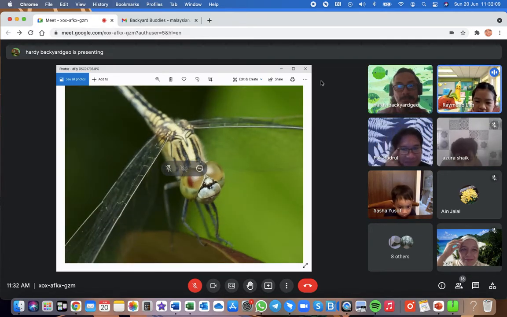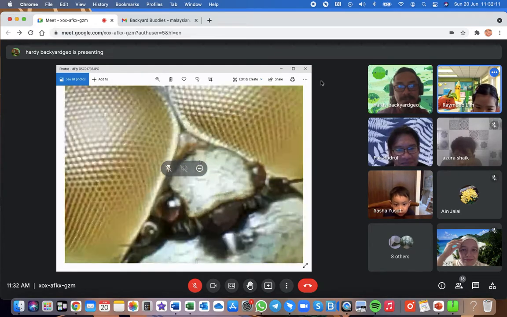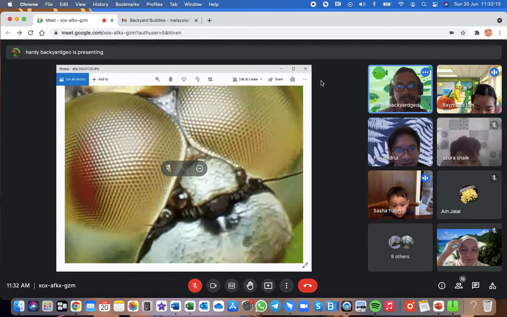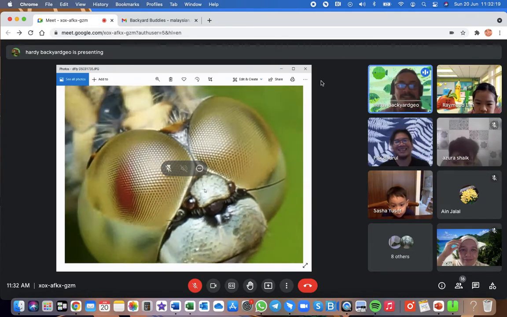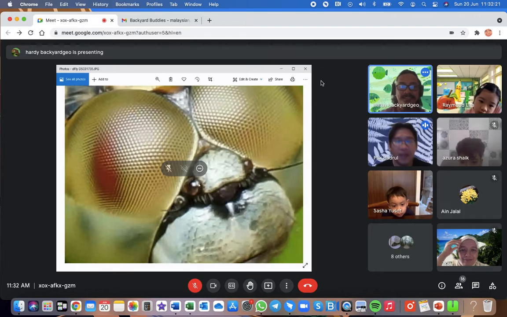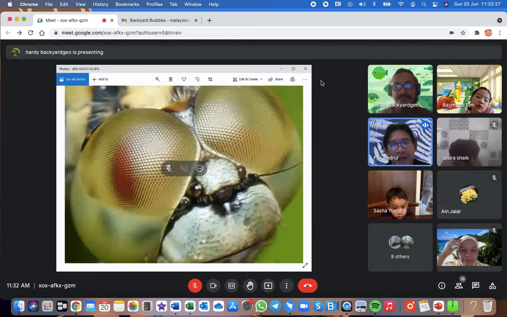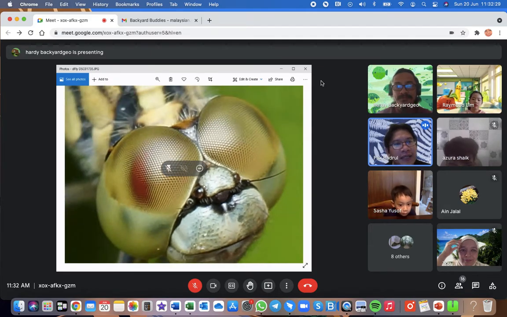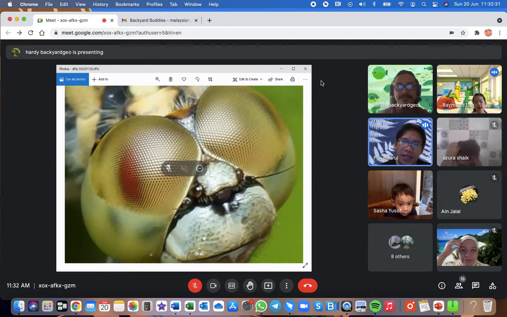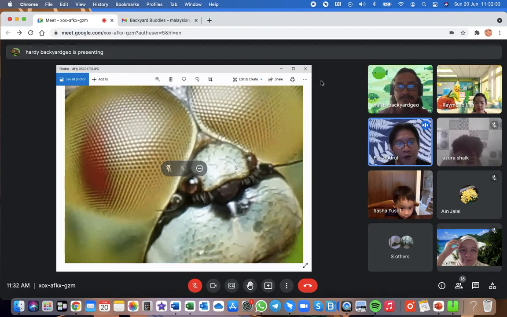What are those dot things on the head? This one. Very good question, Uncle Bud. What are these two dots? Besides compound eyes, insects usually also have what we call simple eyes. Maybe they have two, three or more.